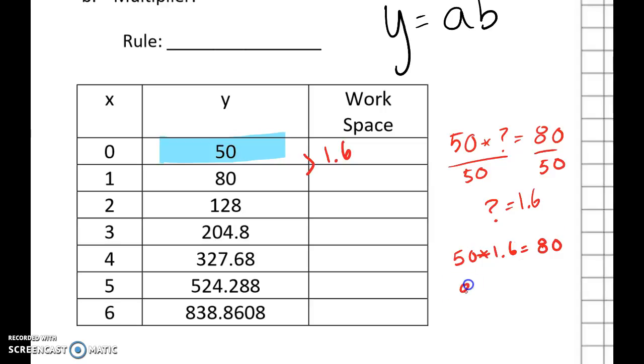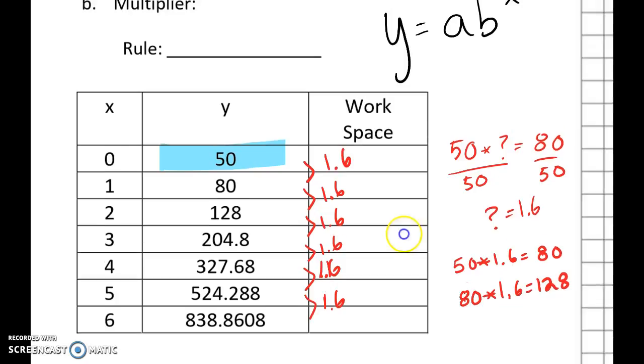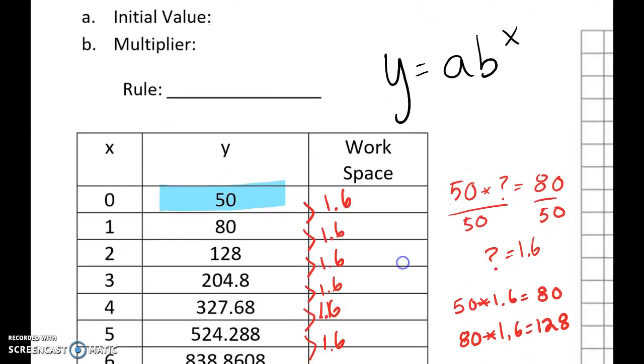And then we could check again. We could say, okay, well, does 80 times 1.6 equal 128? Because that would also have to be true for this to be the multiplier. So each output is multiplied by 1.6 to get the next output. And so 1.6 is our multiplier.